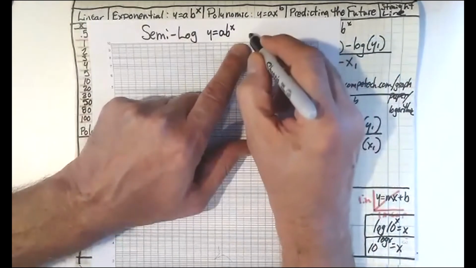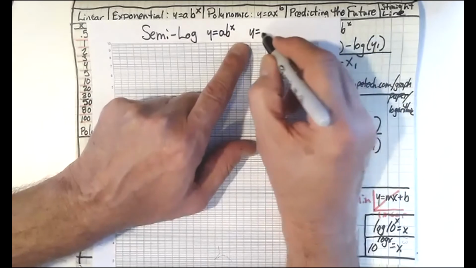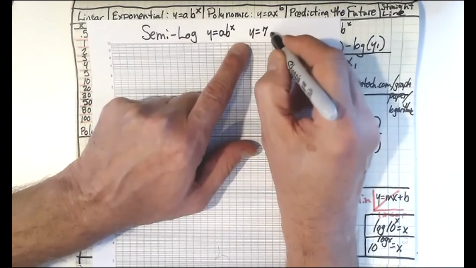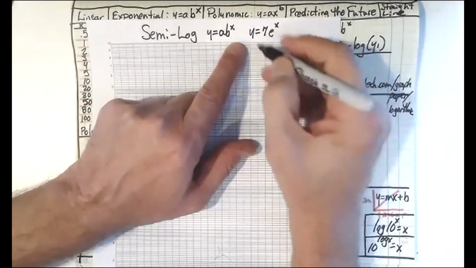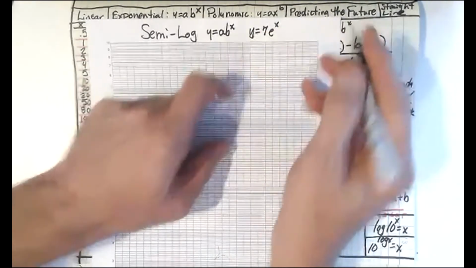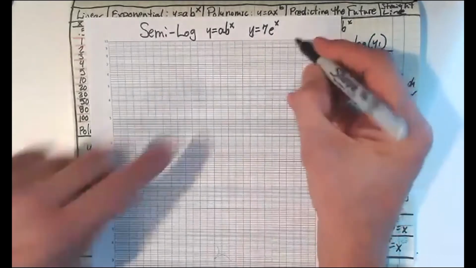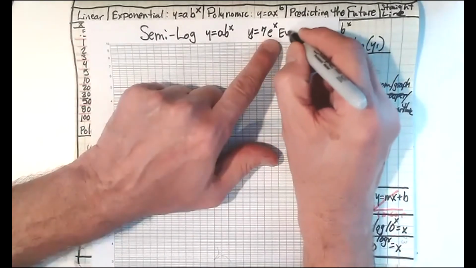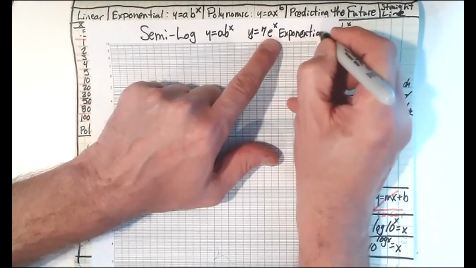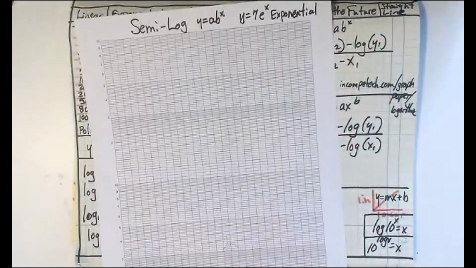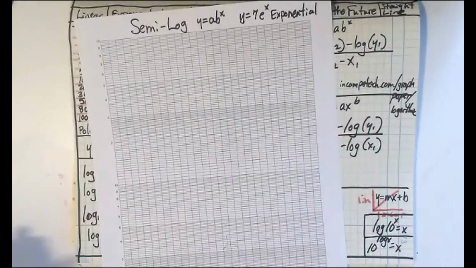You know, for instance, maybe it's y equals 7e to the x. Wouldn't that be a relationship that you would plot? That's an exponential relationship. In fact, how do I know if it's an exponential or a polynomic relationship?